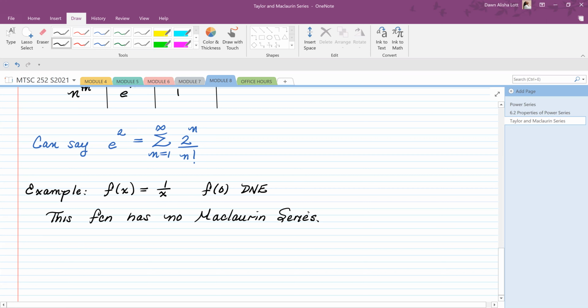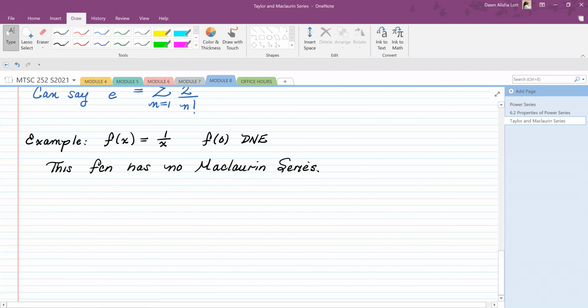But I can find a Taylor series if I choose anything other than 0. So let's look for its Taylor series. I can choose anything I want. So I'm going to say about x equal to 3.